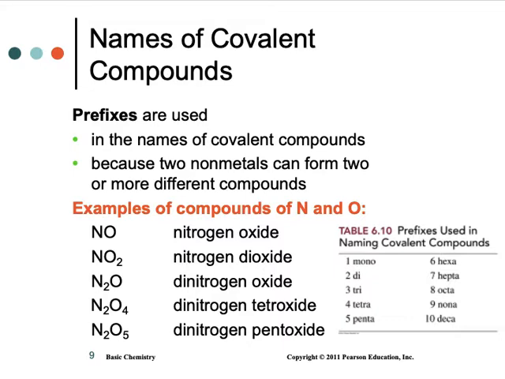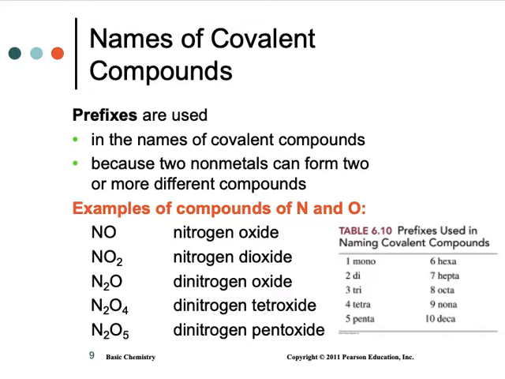Those are when a nonmetal joins with oxygen and becomes itself a polyatomic ion that can then join with one of the metals. Well, in the case of a nonmetal with a nonmetal, the problem is you can have more than one combination. Look at the idea of nitrogen and oxygen. Both are nonmetals. You can form viable NO, nitrogen oxide.